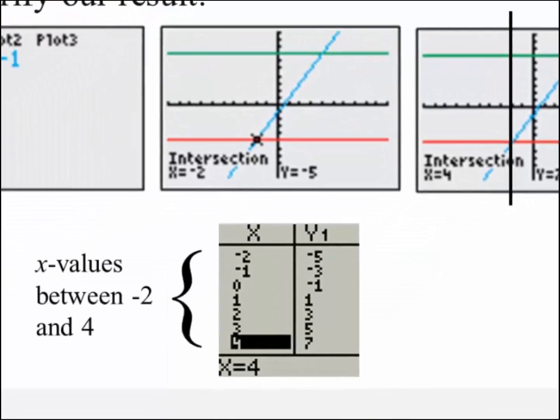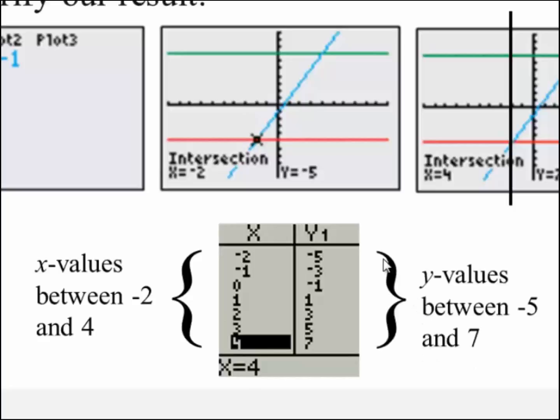Using the table feature, we can see when our x values are between -2 and 4, that's what our resulting inequality solution set was. The y values will be between -5 and 7. And these values here were in the original problem.